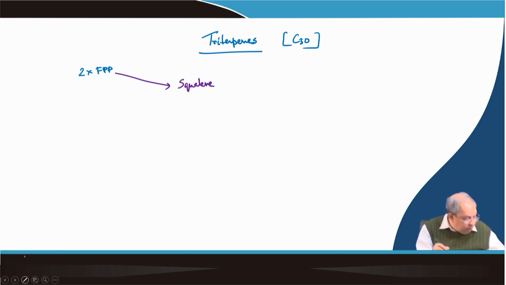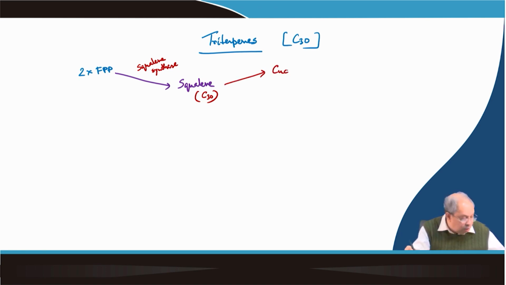So, the enzyme is squalene synthase, which requires two molecules of FPP. Squalene is again a C30 compound, and from squalene different compounds originate, like cucurbitacin E.